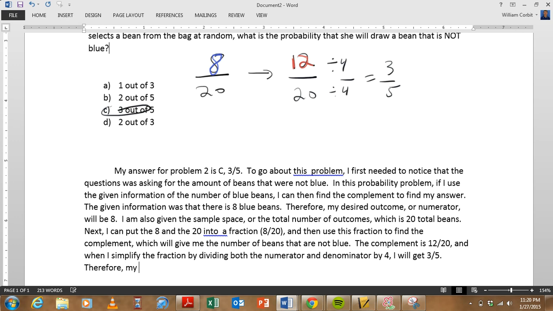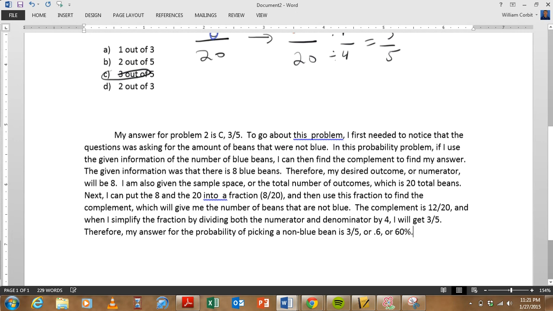Therefore, my answer for the probability, I'm going to make a self-contained answer, including the question and the answer. My answer for the probability of picking a non-blue bean is 3/5. And if I wanted to go on, I could even solve for the decimal and percentage, or 0.6 or 60%.